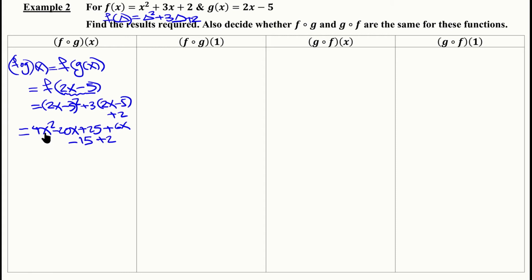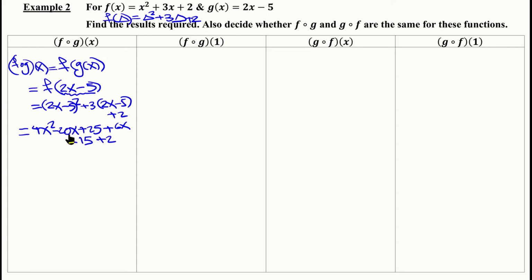So basically, let's double check, we have 4x squared minus 20x plus 25 plus 6x minus 15 plus 2.